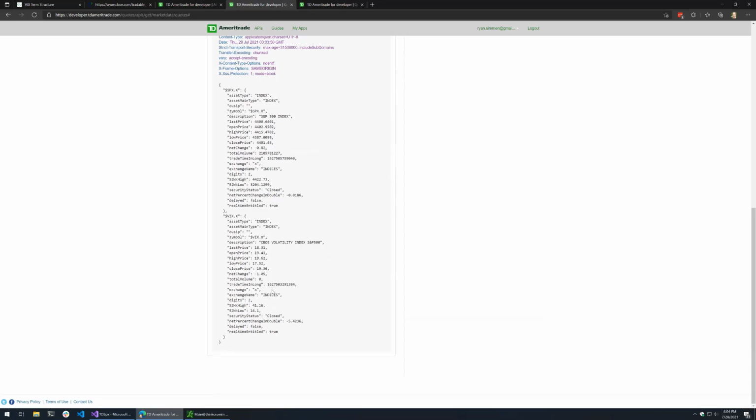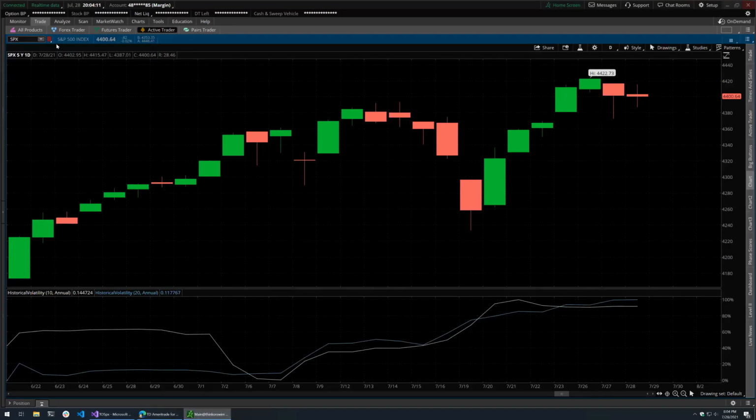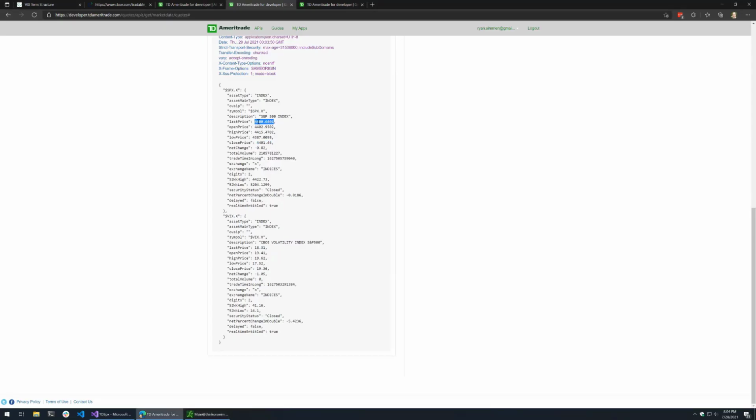So this is reflecting as of the close. So here you can see the close price is 44.01, which is exactly where we are. So let's see. Oh, sorry, the last price. Yeah, 4,400 there. Okay. And then as well, it's 18.31.